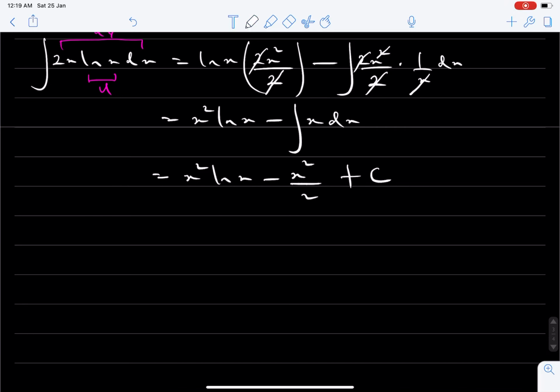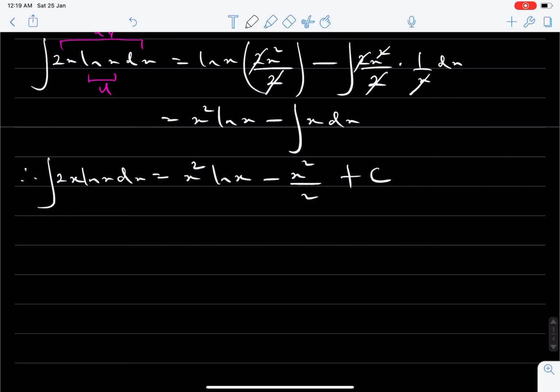So this is x squared. Therefore, the integral of 2x ln x dx is equal to x squared ln x minus x squared over 2 plus c.